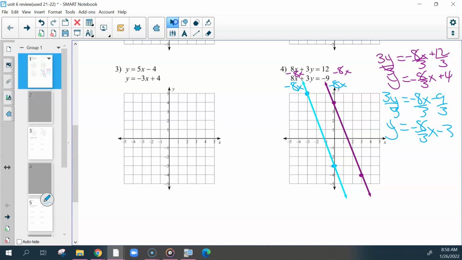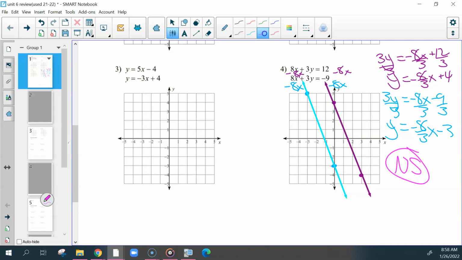So on top of drawing your lines, you also need to state your solution, whatever that may be. In this case, it was no solution, so you still need to state that.